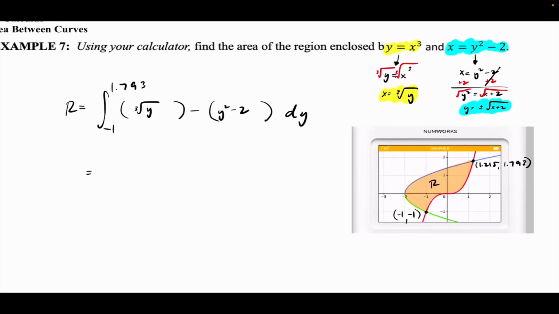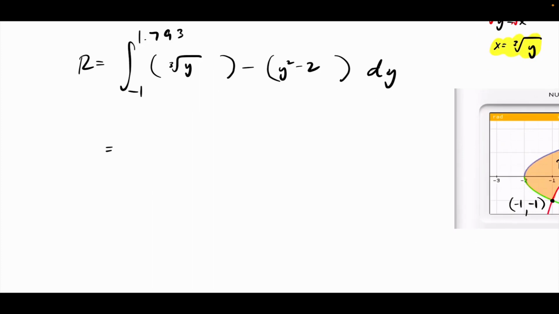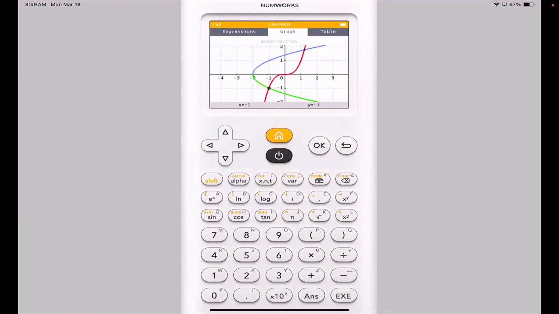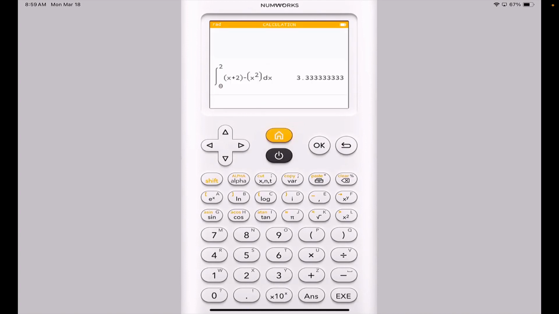Okay. Hard part's done. Now we just put that in our calculator, and our calculator will give us an answer. So we're going to go back to home, back to calculation, toolbox, calculus, integral. We got -1 to 1.793, parentheses.